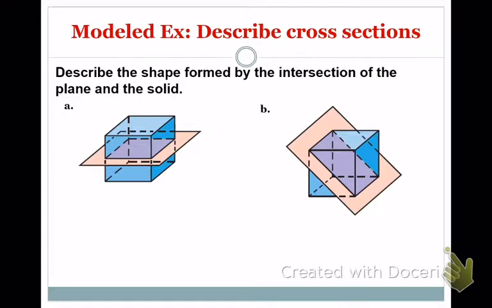Cross section. The plane slices through the cube, right? It's parallel to the top and the bottom. What's this purple area? That's your cross section. What shape is that? Yeah, it's a square. So your cross section would be a square in A.